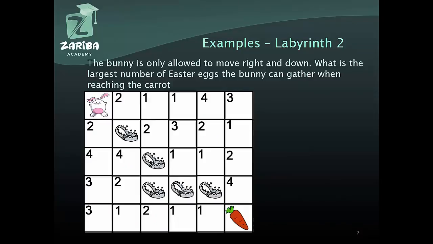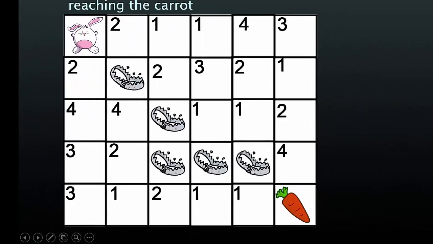How would you solve this if you didn't know about DP, dynamic programming? Recursion. Okay, you find all possible paths, calculate for each one of them the number of eggs that you've had, and then pick the maximum one.